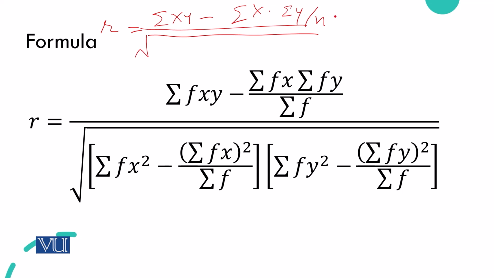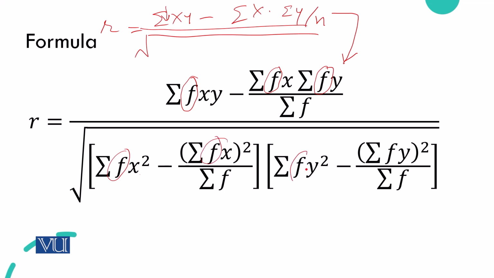But in this formula, you can observe one thing is appended, that is frequency. Here f is introduced along with x and y. In the denominator, x square and f is also there.